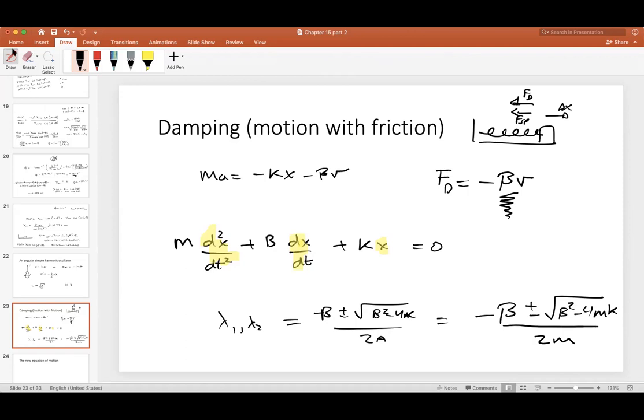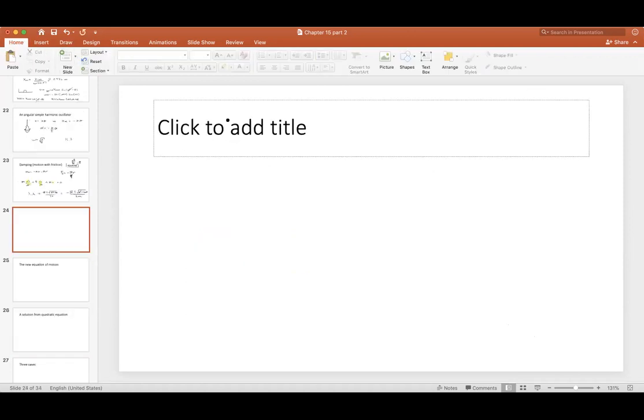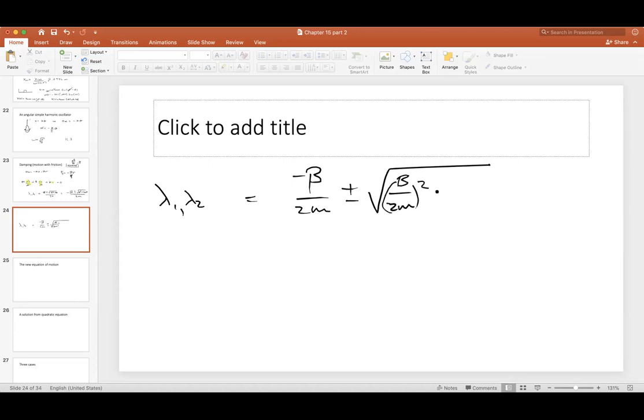Okay, and let me go to a new page on that. So I get that my roots will be negative beta divided by 2m, plus or minus the square root. I'm going to put the 2m in here, so it becomes 2m squared inside, minus 4mk divided by 4m squared, and I see that this becomes k over m.